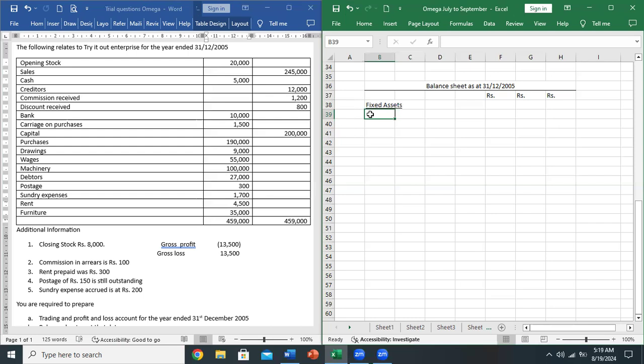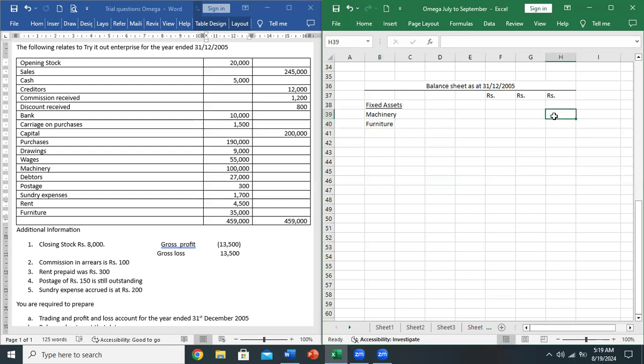Machinery. Okay, so we have the machinery. Apart from the machinery, do we have any other? I think we also have the furniture as well. Furniture. Okay.